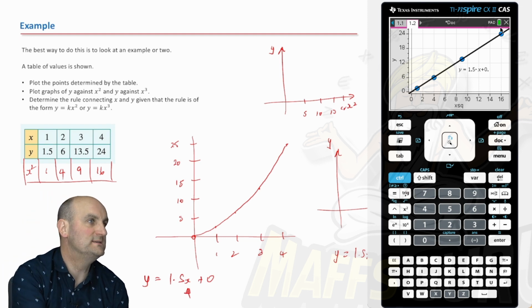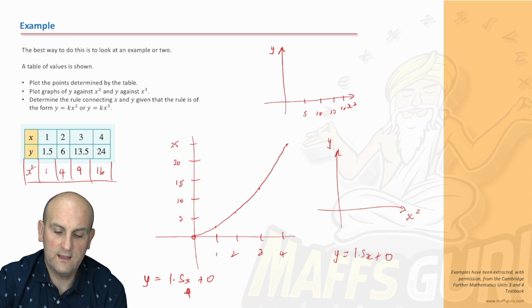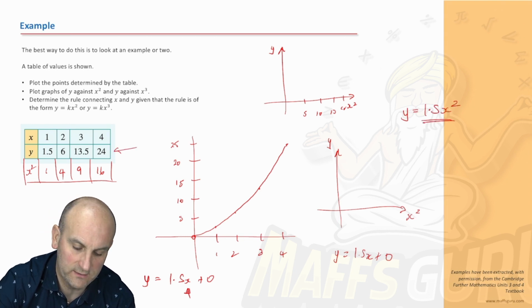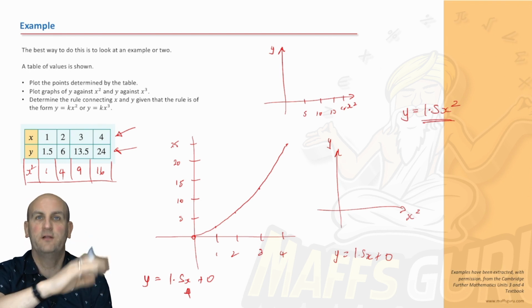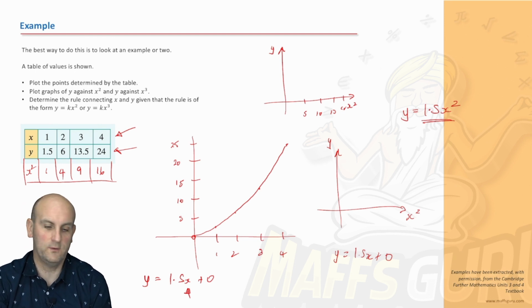So we would now know that the equation is y is equal to 1.5x squared. Each of these points is given by the x value squared, and then you times it by 1.5. Ka-ching, yes? So the trick here is linearize the data, do the regression analysis, and effectively read off the equation, and you've done all the hard work.